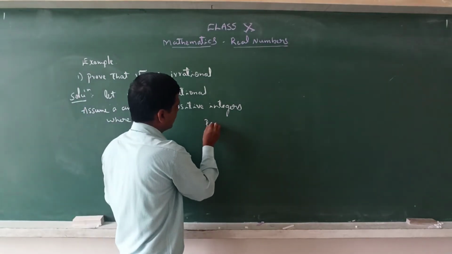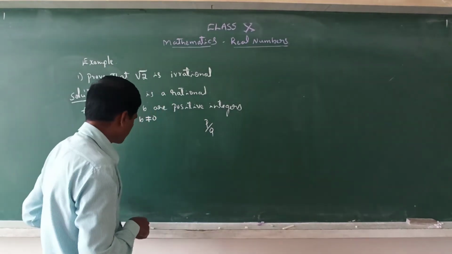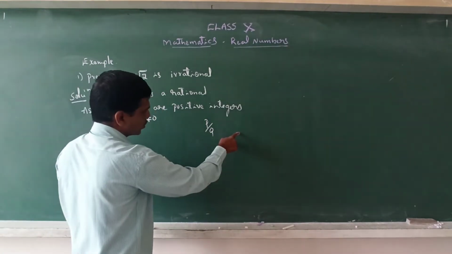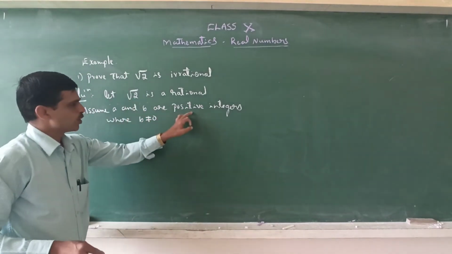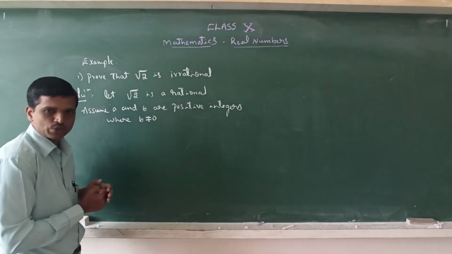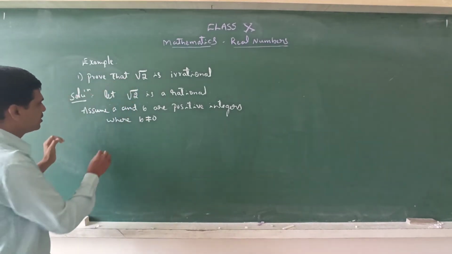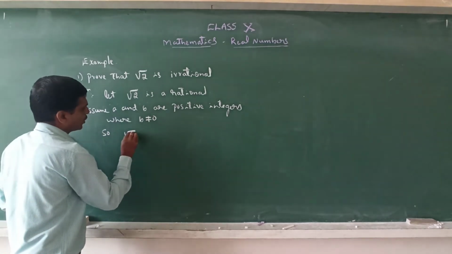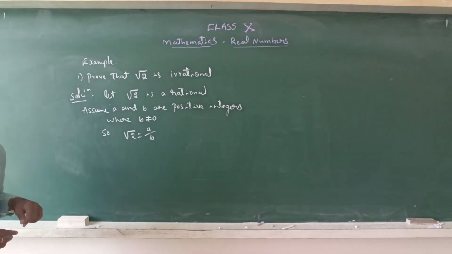You know the meaning of a rational number: all such numbers can be expressed in this form, p by q, where q is not equal to 0. The same way, a and b can be positive wherever b is not equal to 0. So in order to get square root 2 as a rational number, square root 2 is equal to a by b.